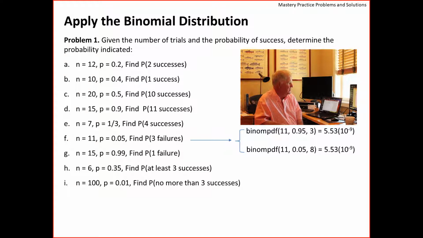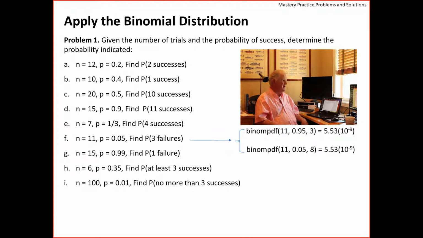So I'm going to enter instead binomPDF(11, 0.05, 8), the probability of getting 8 successes, probability of success 0.05, in 11 trials. 5.53 times 10 to the minus 9. You can do that either way. I'll let you do problem G. You do it the same way.